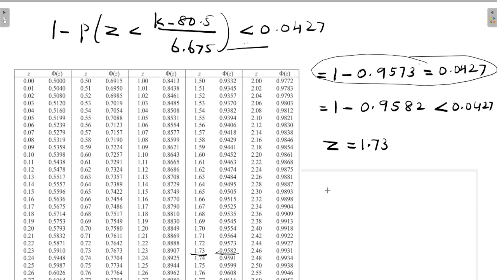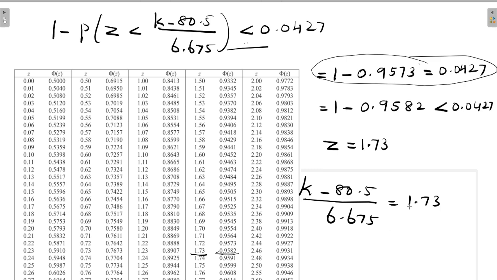So suppose z equals 1.73, our k value is k minus 80.5 divided by 6.675, which is equal to 1.73.